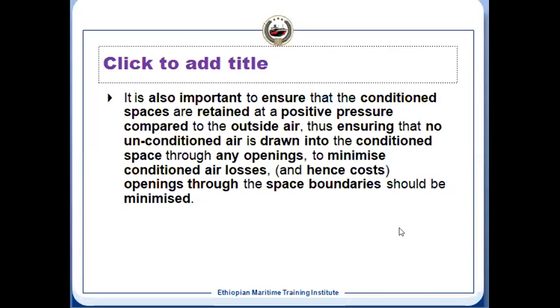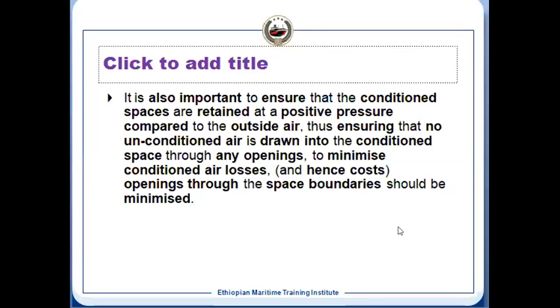We need to maintain a certain temperature in the cabin. The supply air temperature should be less than that. And if it is cold outside, then the conditioned air temperature has to be higher than the temperature we are going to maintain in the cabin.